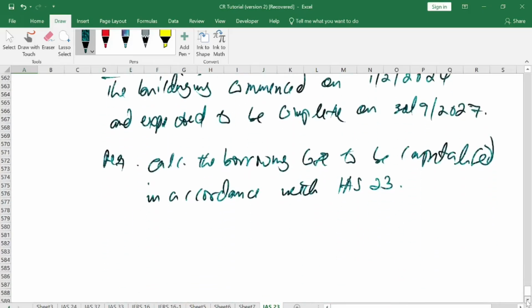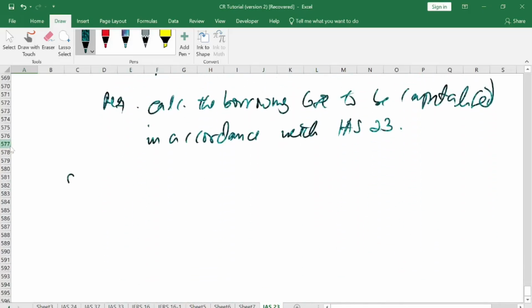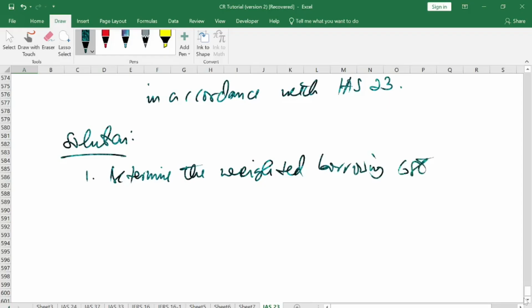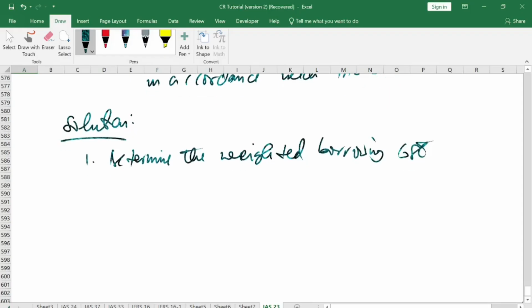So how do you deal with it if the sources are many? Solution. First, determine the weighted borrowing cost. How do we determine it?